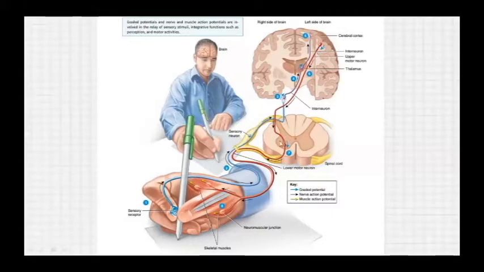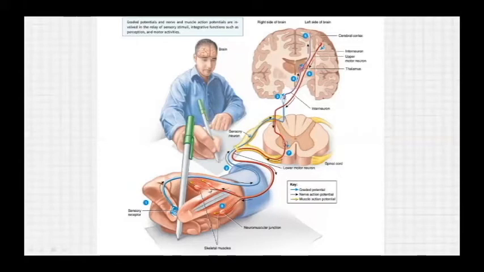From there, it will travel to the spinal cord, and here in the spinal cord, it will be transferred into another neuron through graded potential. Then it will travel again over a long distance through nerve action potential until it reaches the neuromuscular junction.